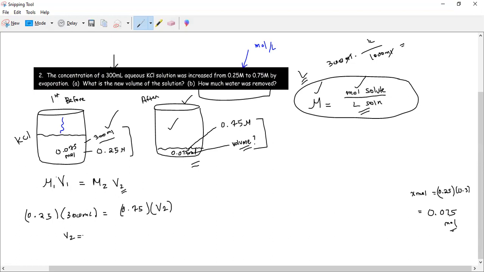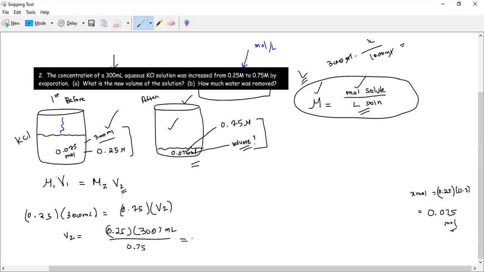So your volume in the second situation would be 0.25 multiplied by 300, that's of course in milliliters, and then divided by 0.75.